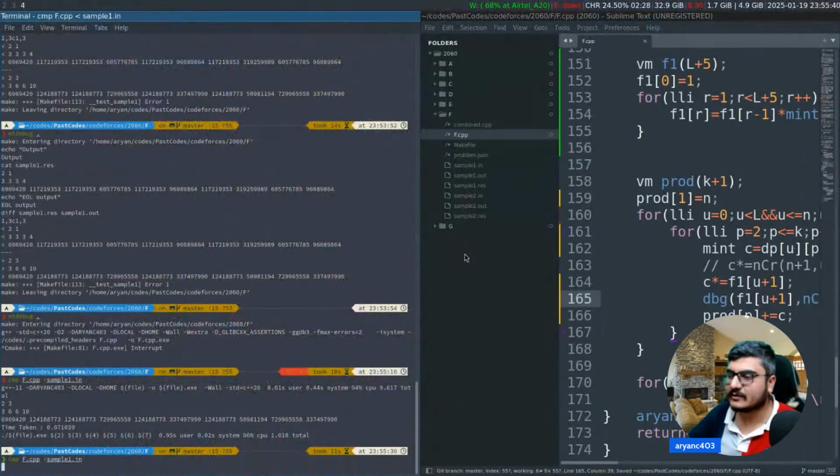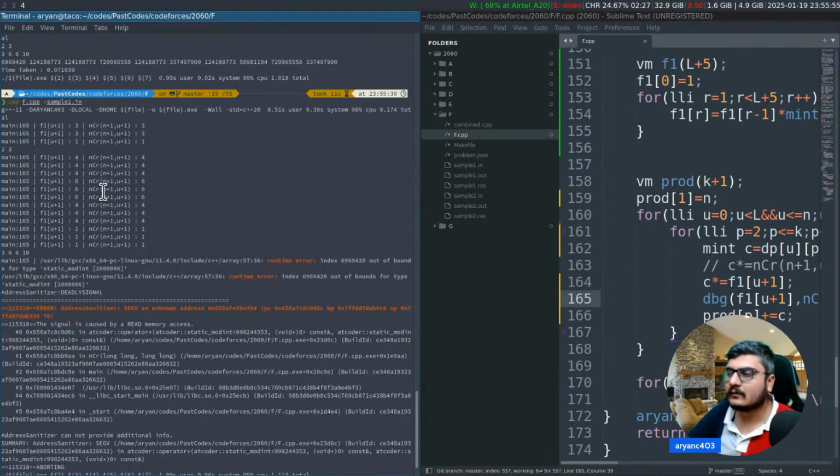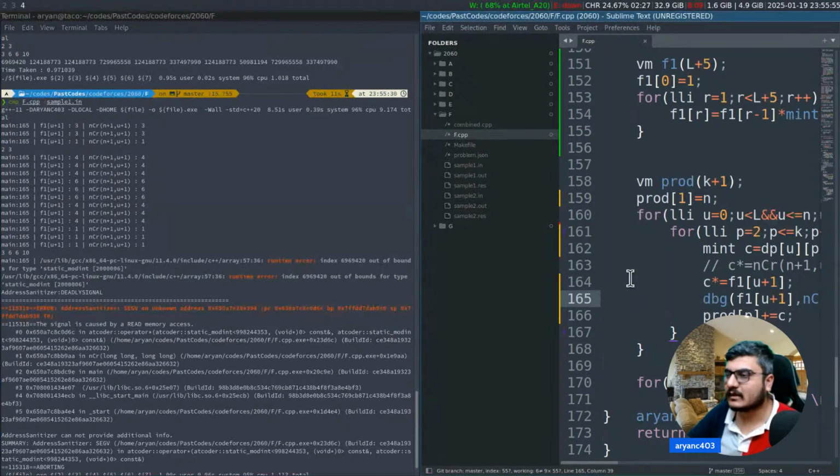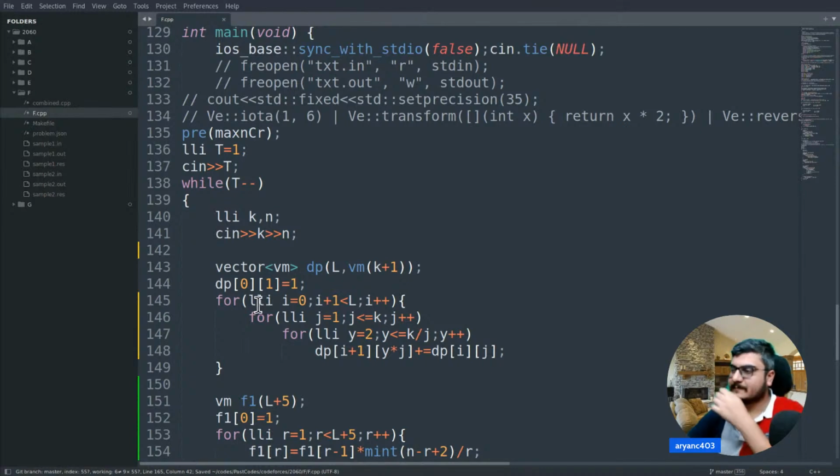I was expecting them to be equal. It just looks fine, so I must have made a mistake here. 0 and 1. J is from 1 to k, looks fine. Y is from 2 to k by j. This also looks fine.